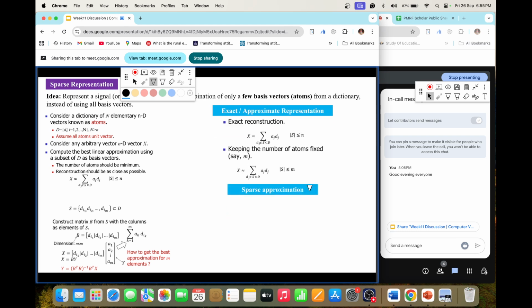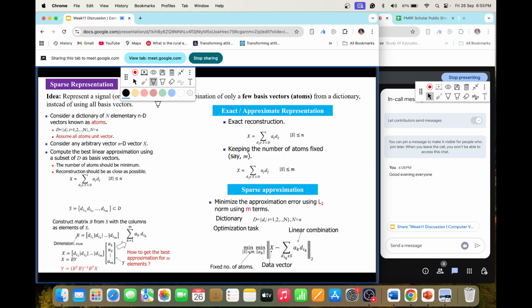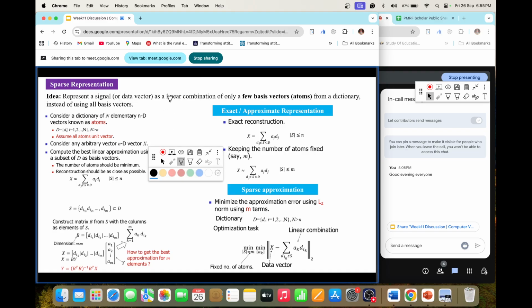Now we have sparse representation. I have already told you the definition of sparse: any data point can be expressed as a linear combination of basis vectors. A basis is nothing but a direction, like x, y, z. You have these three bases in your xyz coordinate system.